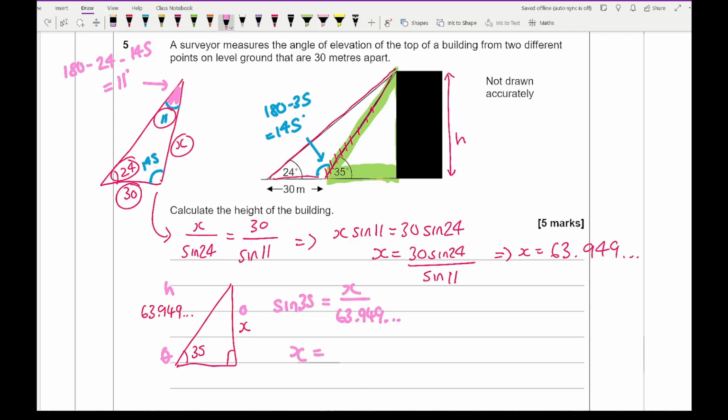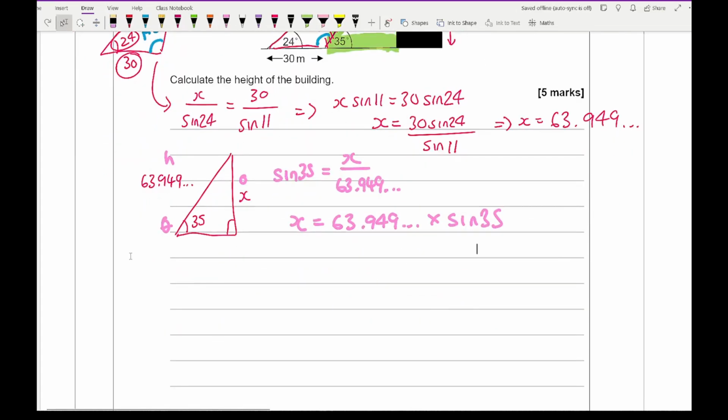So x equals 63.949 multiplied by sine 35, and if I type that into my calculator, I get an x value of 36.7 meters, and that's to one decimal place.